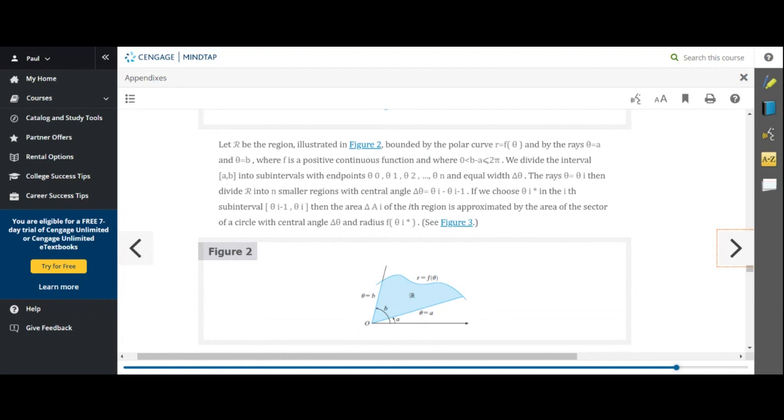That means you're integrating with respect to angles. So there's a starting angle at theta equals a and an ending angle at theta equals b, and you know that those are just the graphs of theta equals a and theta equals b. And we're interested in the area under the polar curve between the angles theta equals a and theta equals b.